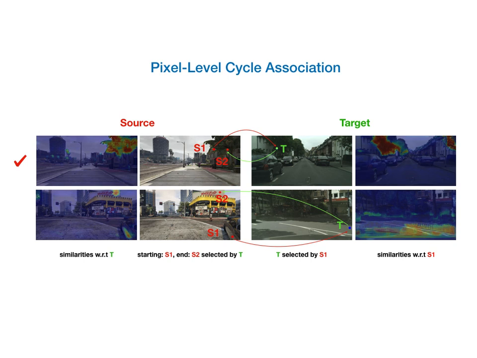If the starting source pixel S1 and end source pixel S2 come from the same category, the cycle association from S1 to T and that from T to S2 are treated as valid. Otherwise, the associations are not established.